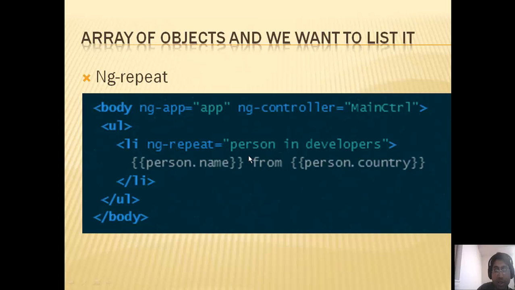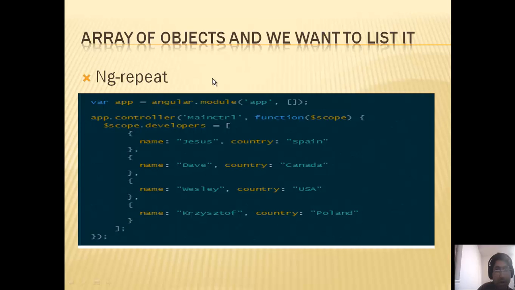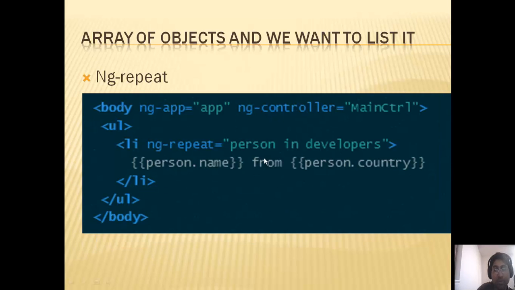So ngRepeat is telling person in developers. We can see that developers is the model here, that is an array of person objects. This person can be XYZ or whatever you want to name it. It has a similar syntax to PHP, like foreach X in something, or the jQuery each syntax.